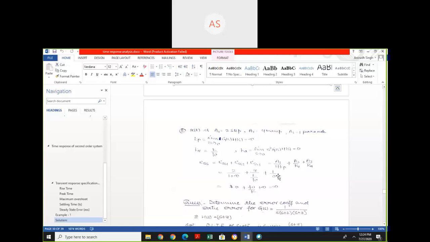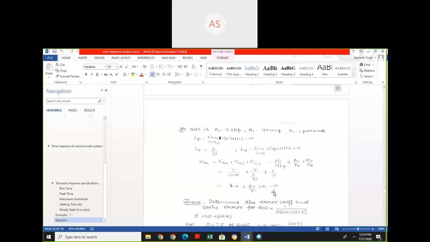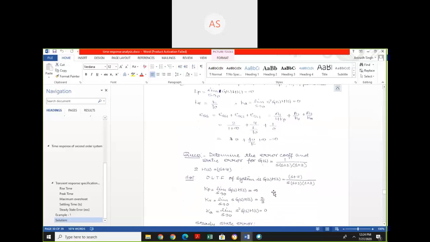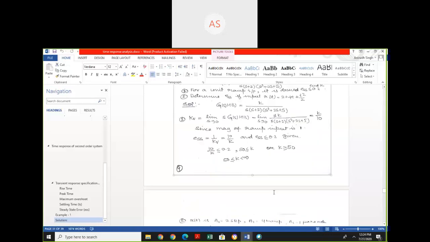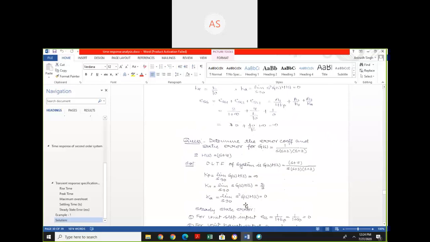Substitute all these values and we get infinite steady state error. This infinite steady state error is due to the parabolic input, and because this is a type 1 system, we can't apply a parabolic input.